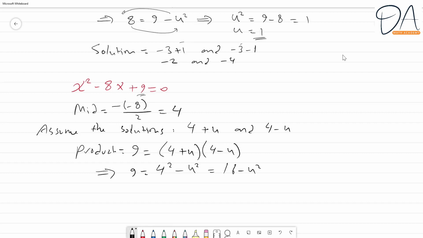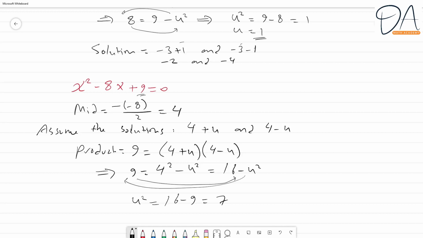Again, I can take the u squared to one side and the numbers to one side. So we'll take this u here and we'll take the 9 to the other side. So we'll get u squared. The sign will change from negative to positive, and then you'll have 16 minus 9, and this will give you 7.